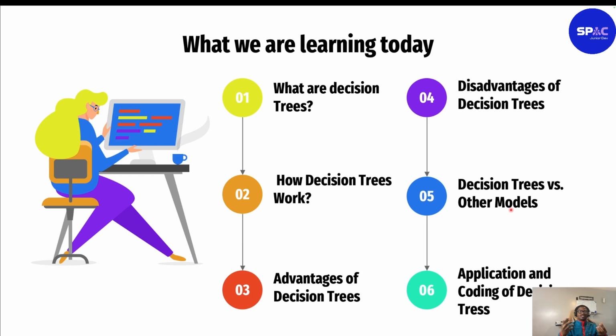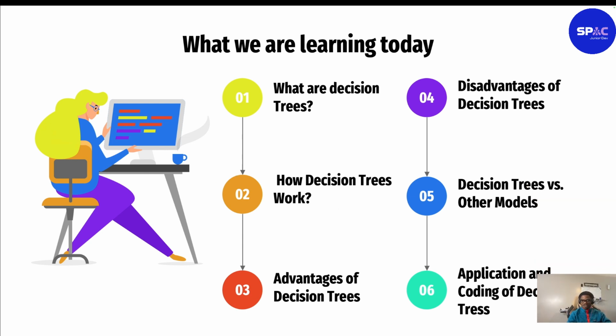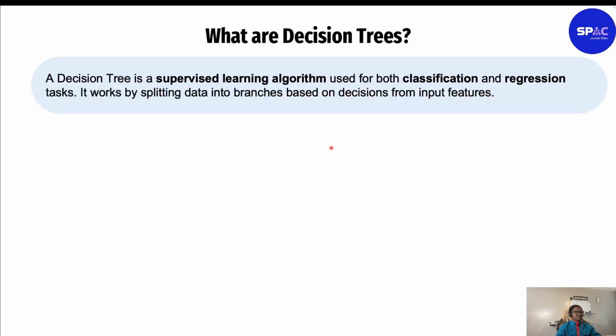And the question is, why do we even need decision trees when we have all other AI models? Then we're going to discuss applications of decision trees. Then we're going to go through some coding. So I will explain decision trees, and we are also going to code. So nice, let's just get into it.